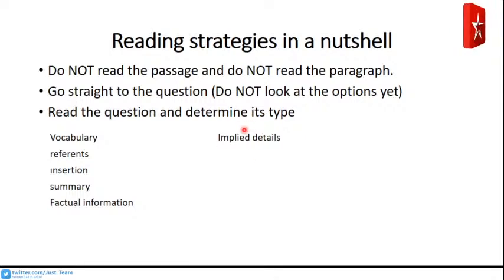Implied details are very similar to factual information. Factual information is one side, what we actually see. Implied information is what we can understand or conclude from that information. It's like the reverse side of a coin.